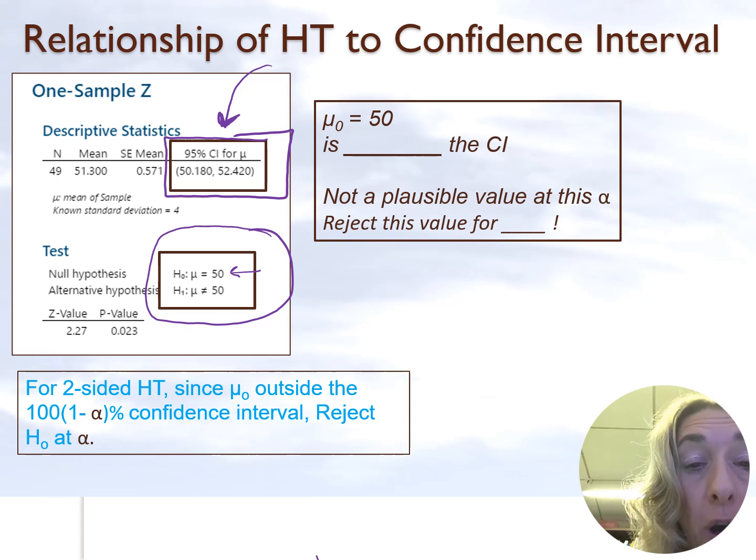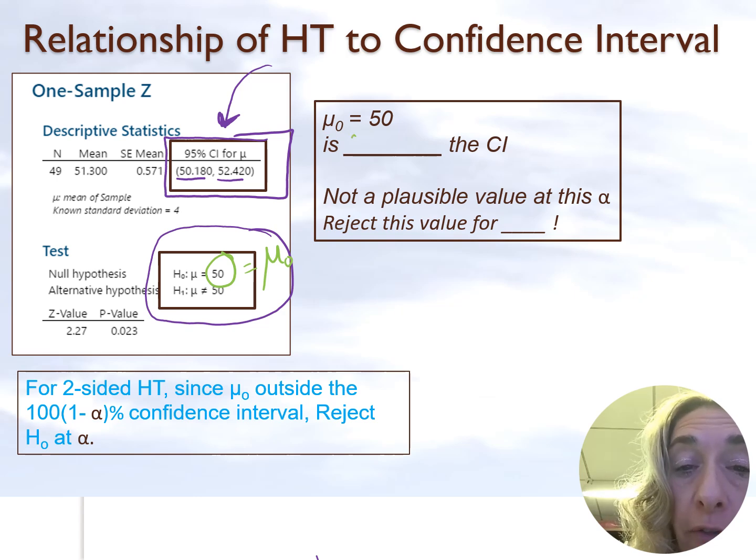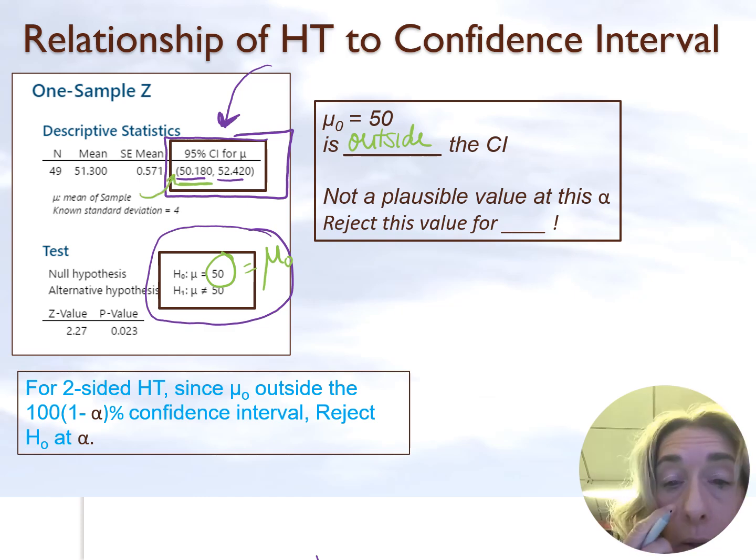So we are 95% confident mu is somewhere between 50.18 and 52.42. What you notice about that is that the null hypothesized value, our mu naught of 50, is not contained in that confidence interval, because the lower limit of that confidence interval is 50.18, and a value of 50 is just outside of that.